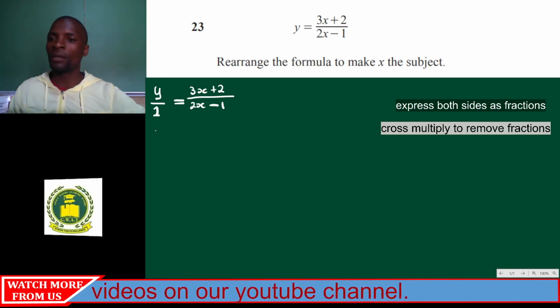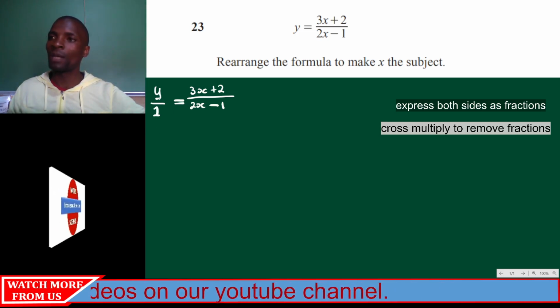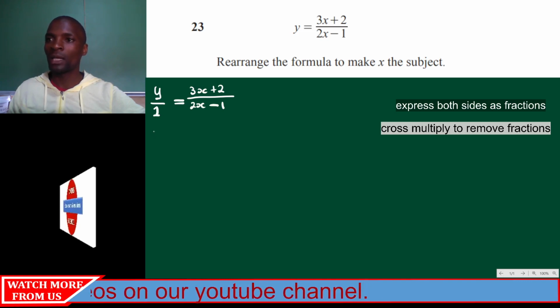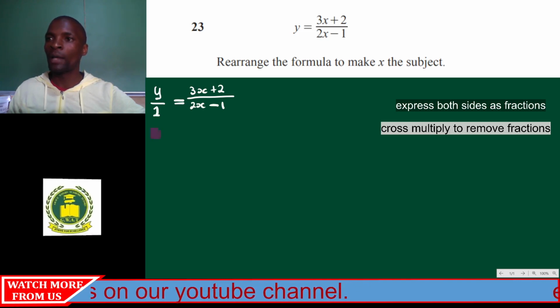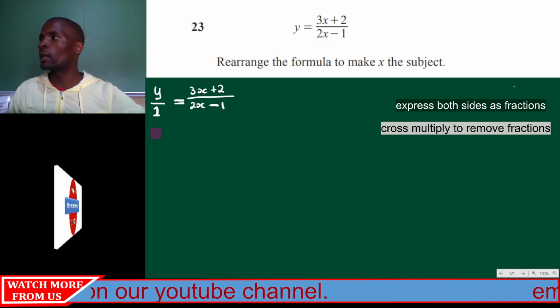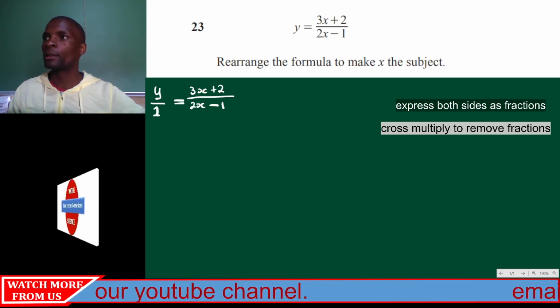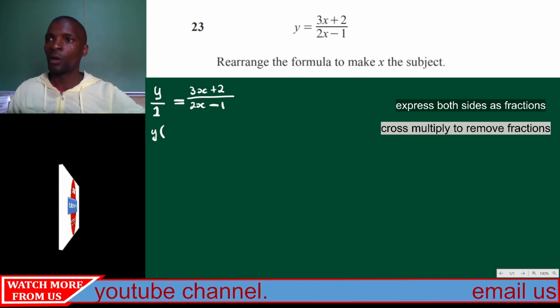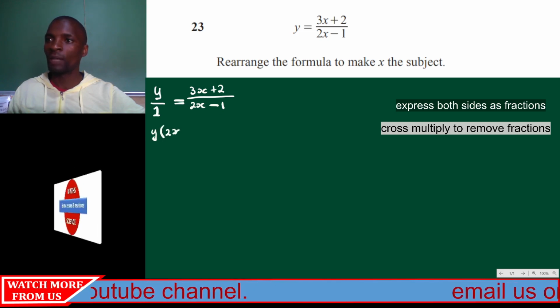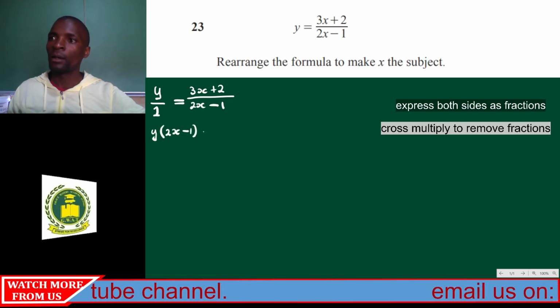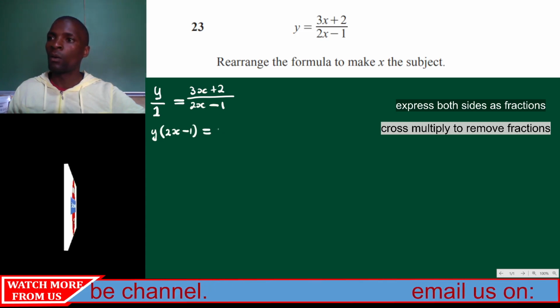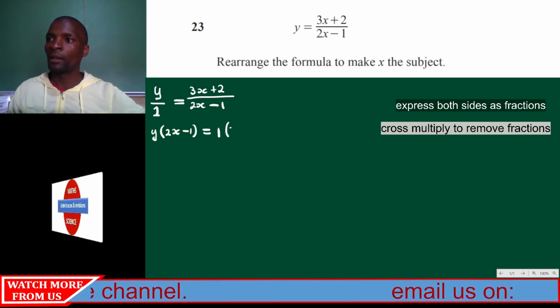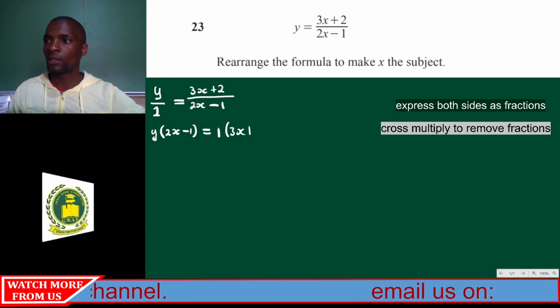That's the most important part of it, whereby we are taking y and multiplying it by 2x minus 1, and then we say equals 1 multiplying 3x plus 2.